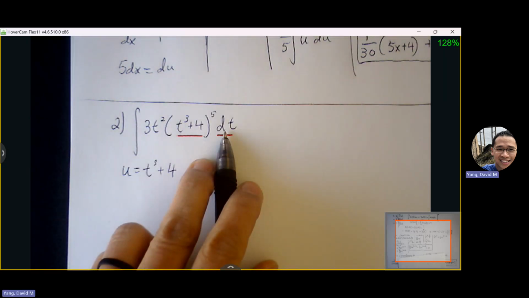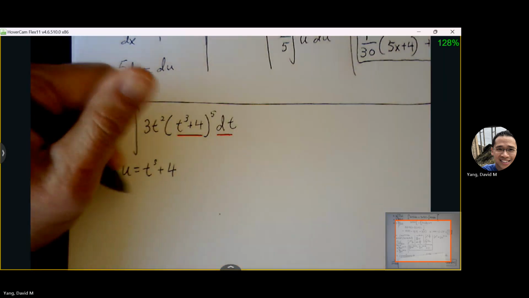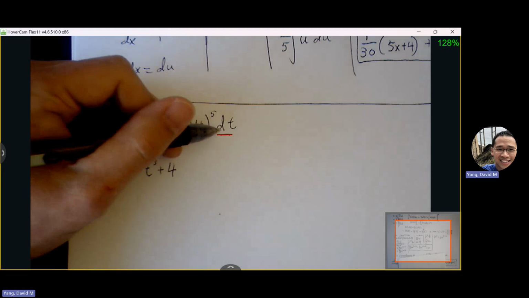My independent variable is t, so instead of du over dx, we're doing du over dt.